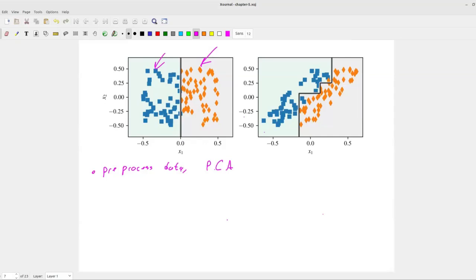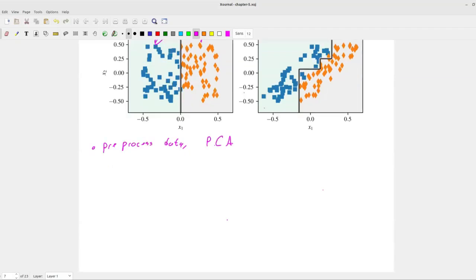Another thing that happens with decision trees is that they're sensitive to small variations in training data. So even just a small amount of data can really throw them for a loop.